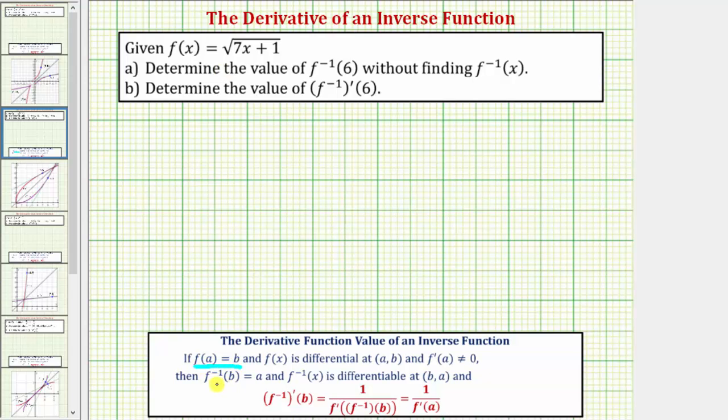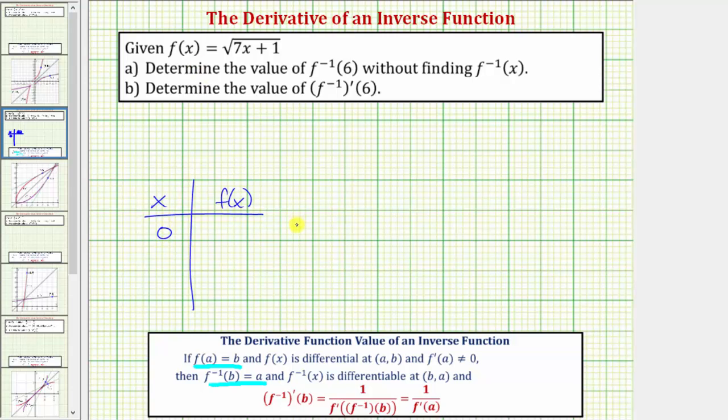To answer the first part of this question, we'll use the fact that if f of a equals b, then f inverse of b equals a, which means if we can find an x value so that f of x equals 6, we can determine the value of f inverse of 6. Let's actually make a table of values where the first column is x and the second column is f of x. To get started, let's set x equals 0.